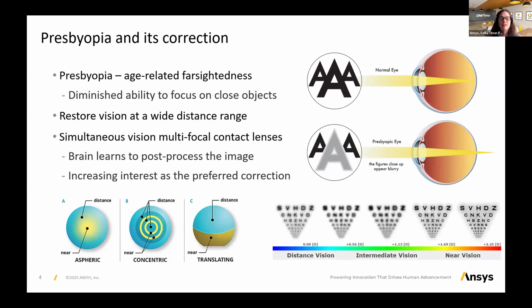In recent years, there's been increased interest in simultaneous vision multifocal contact lenses as the preferred method of correction due to the demanding visual area and their cosmetic advantages over spectacles, as well as the increased practitioner confidence to fit these lenses. But what we need for that is numerical simulations again.